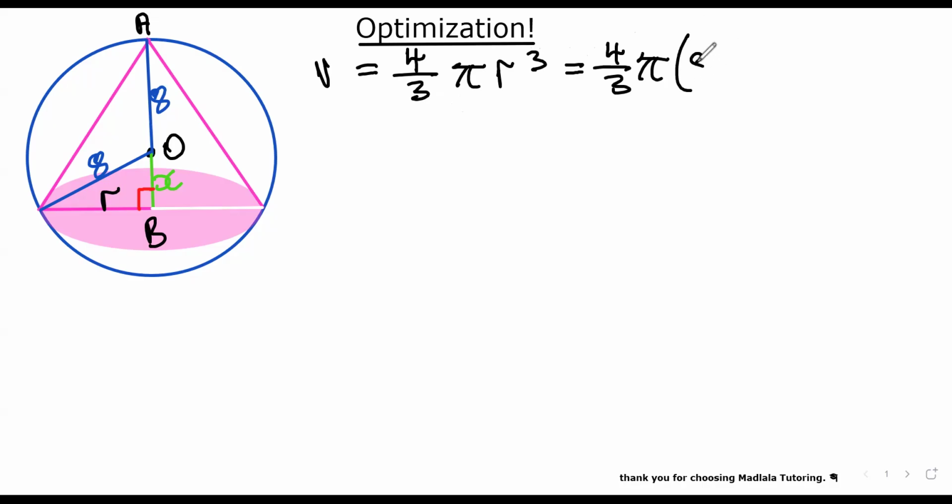Pi is a constant, the radius is 8, and it's cubed. If you go to your calculator, you find the volume is 4/3 times 8 cubed. I'm just going to keep it in fraction form. It's simply 2048 divided by 3, multiplied by pi, centimeters cubed. Please add the unit as well.